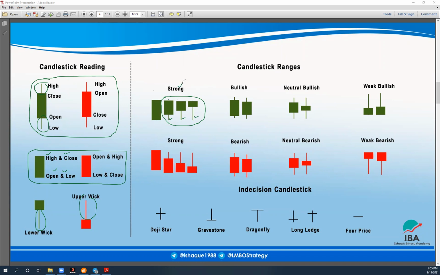Why does it make a strong candle? What is the reason behind it? Can anyone tell me? Because the seller entered but failed, and then the buyer covered, so the green candle appears.